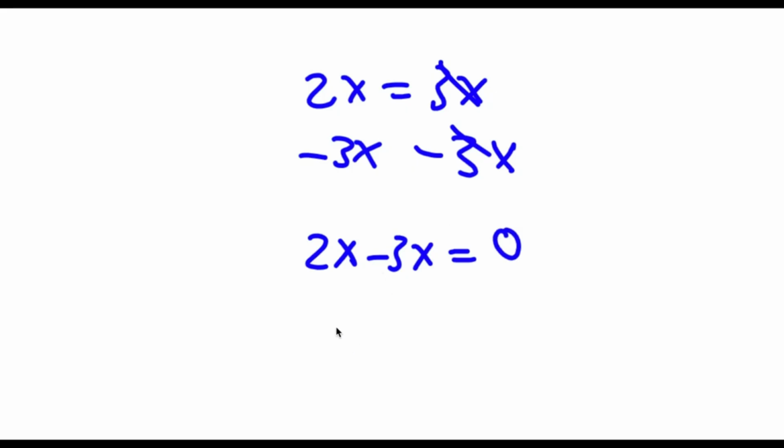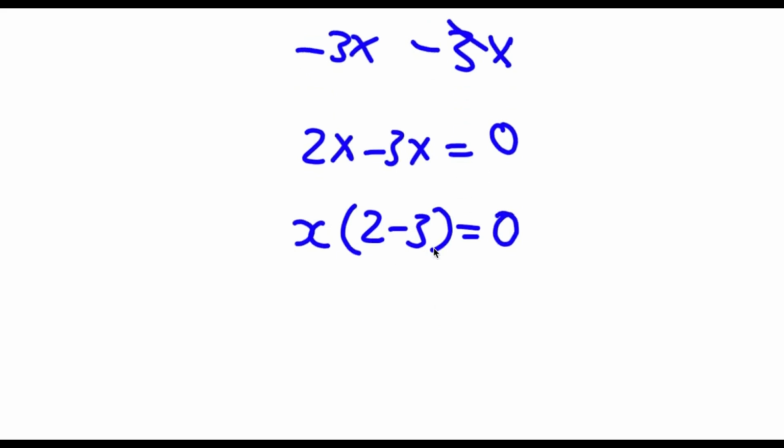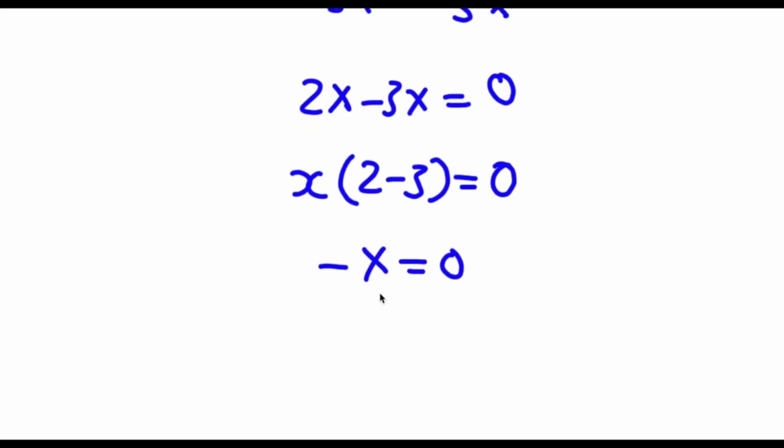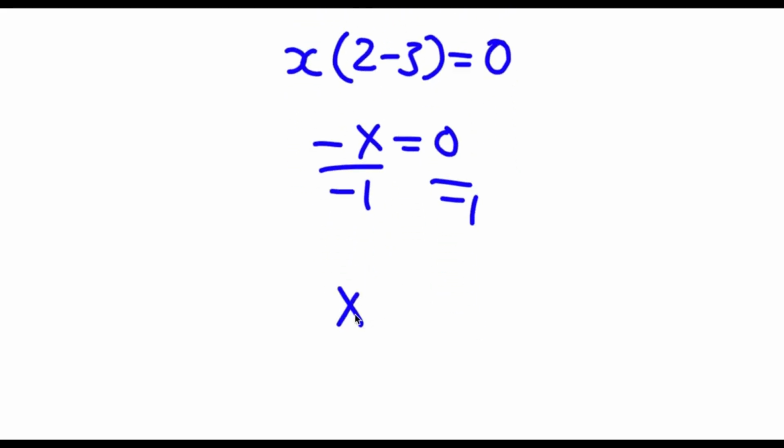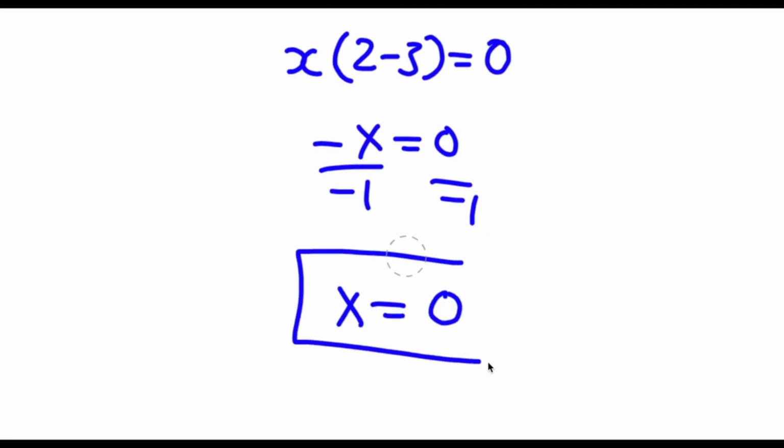Now, if I factor out x from here, I get x times 2 minus 3 is equal to 0. 2 minus 3 is negative 1, so now I have negative x is equal to 0, and if I divide both sides by negative 1, I get x is equal to 0 divided by negative 1, which is 0. So my answer is x equals 0.